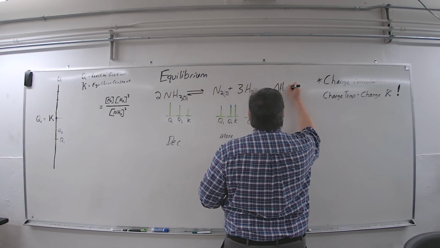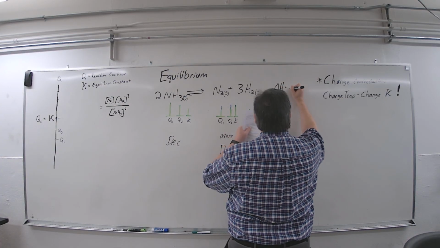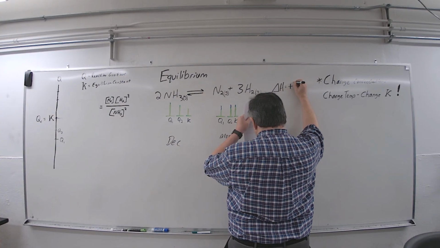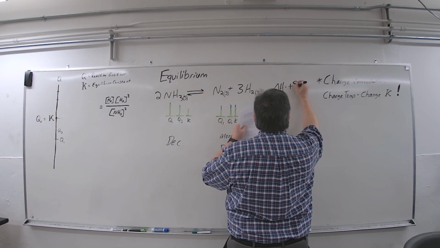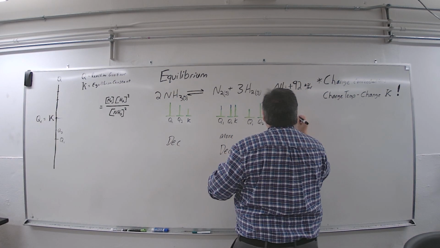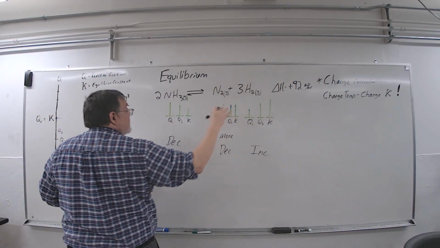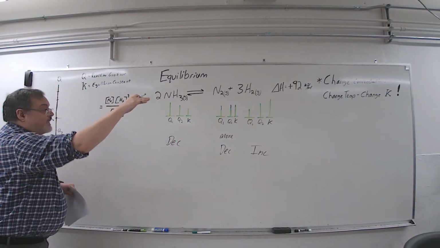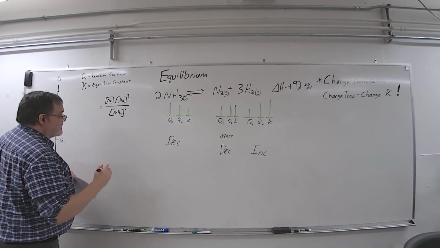Delta H of this reaction is, I'm going to put a positive sign just to emphasize, 92 kilojoules per mole. So that didn't mean anything for us, what I was saying before, but let me just say, okay, that's the delta H of the reaction.